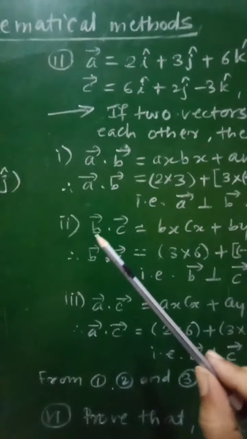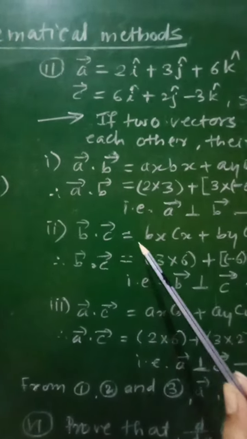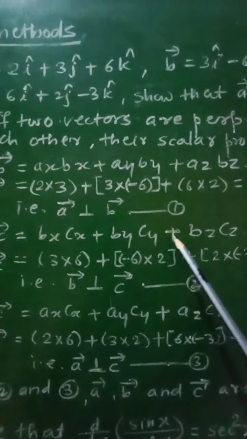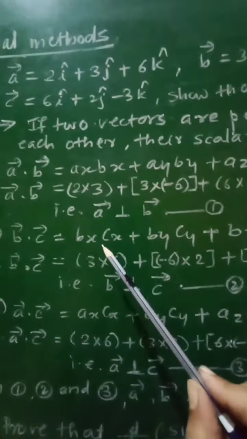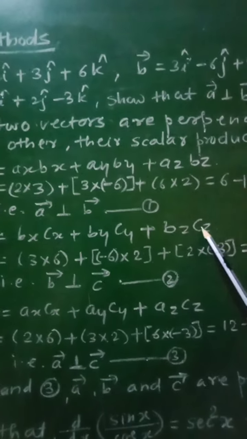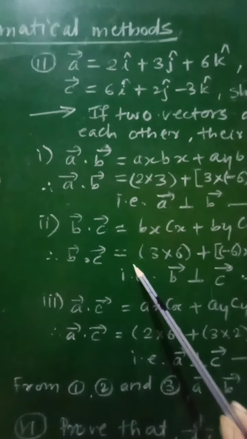Then secondly, for vector B and vector C, vector B dot vector C will be equal to bx cx plus by cy plus bz cz.